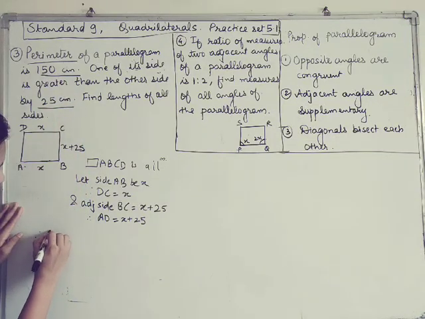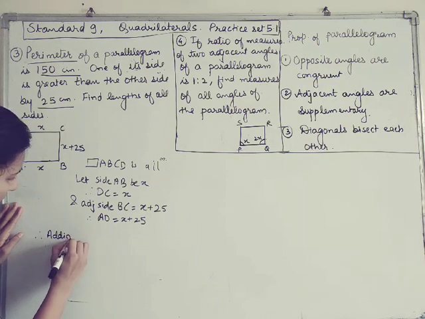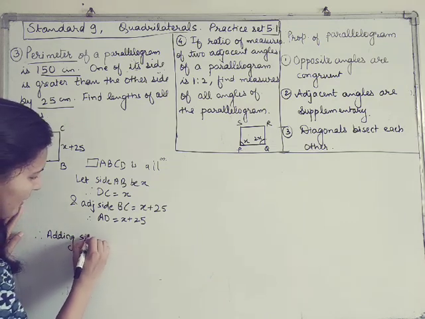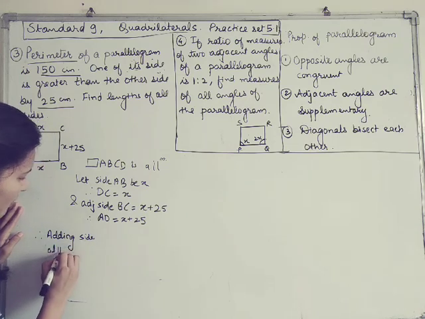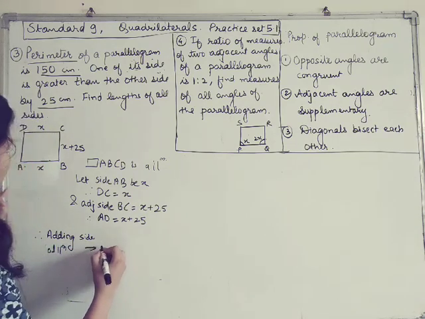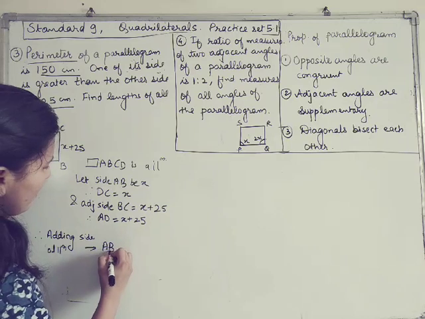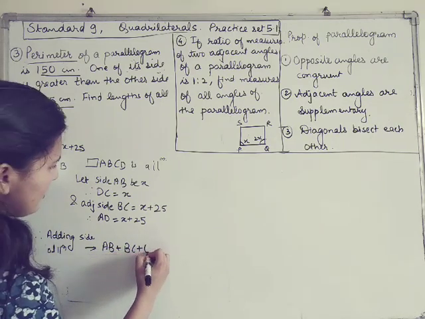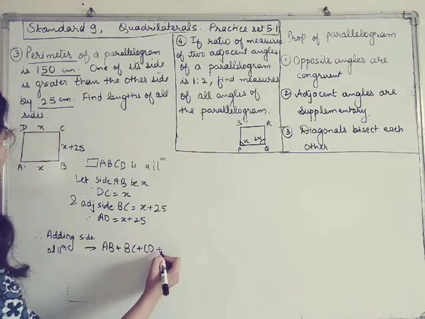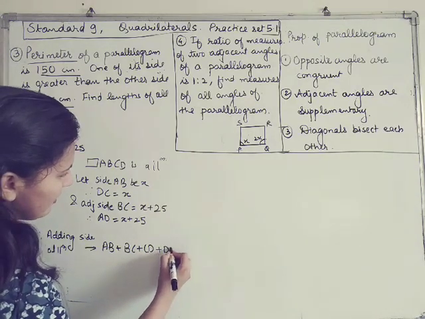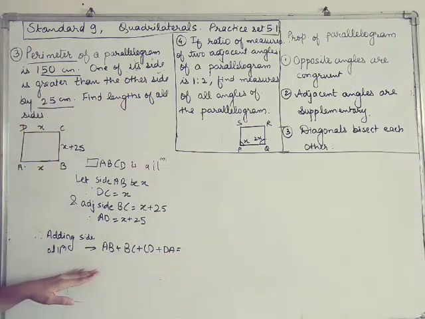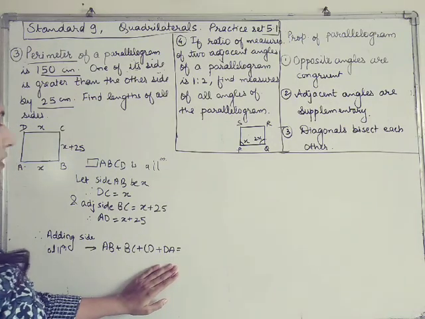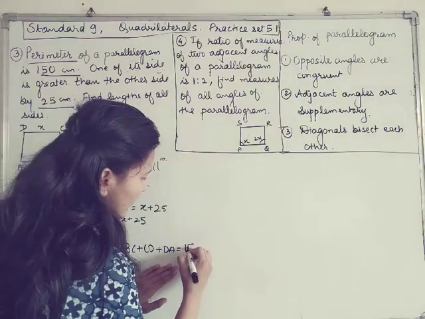Therefore, I am adding the sides of the parallelogram: AB plus BC plus CD and DA. What is the perimeter? It is given that the perimeter of the parallelogram is 150.